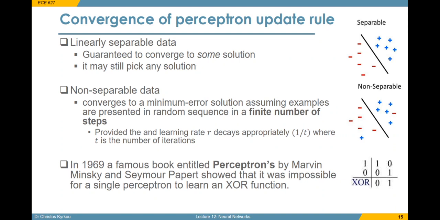Interestingly, what Marvin Minsky showed in his famous book, Perceptrons, was that this particular algorithm could not solve the XOR function. So when we have a data set which is of this form, we cannot find a line that can separate this particular data set.